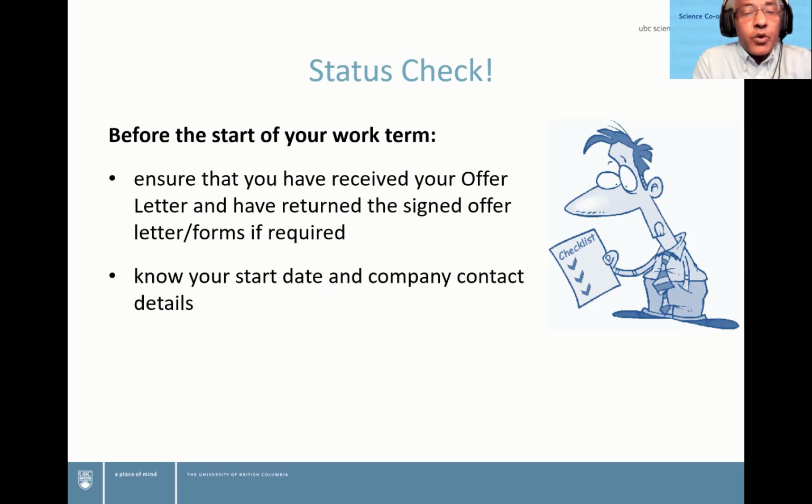You should also make sure that you understand your start date and you have the company contact details. This will involve the email address and phone number of your work term supervisor and maybe also the HR person at that company. So make sure that you have those things as soon as you have received your offer letter.